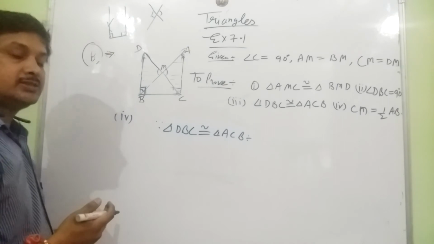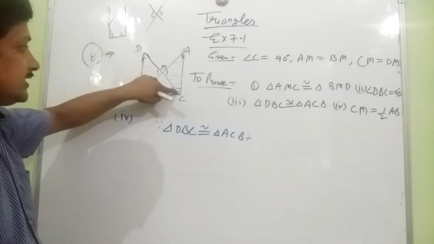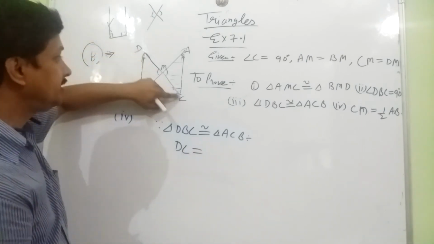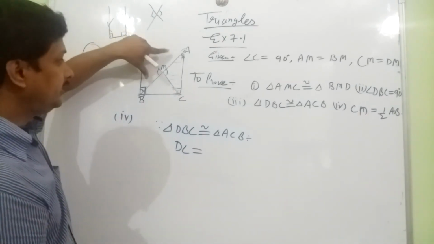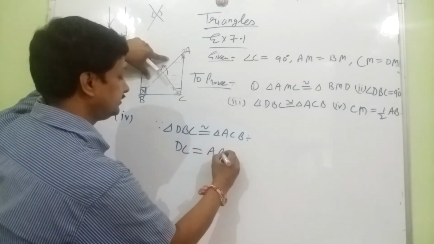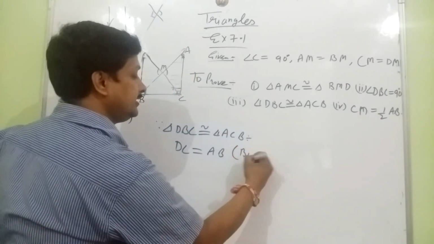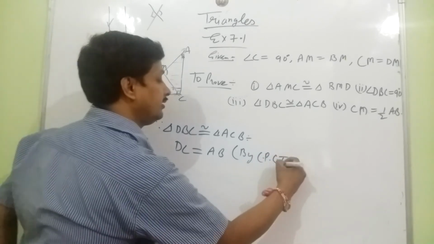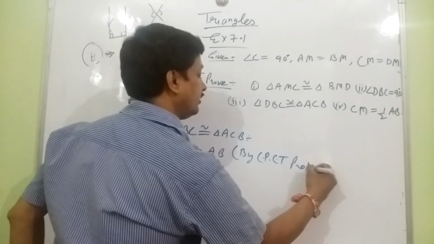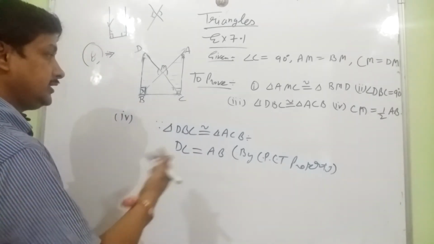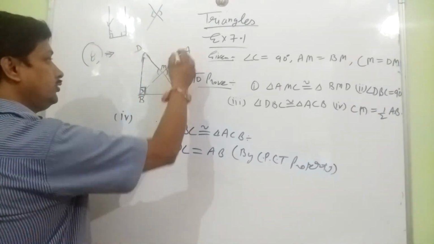So from this, you can say DC side of triangle DBC, that is the hypotenuse of this triangle, will be equal to AB side of this triangle. It is by CPCT property, because we have proved them to be congruent. So DC equal to AB.